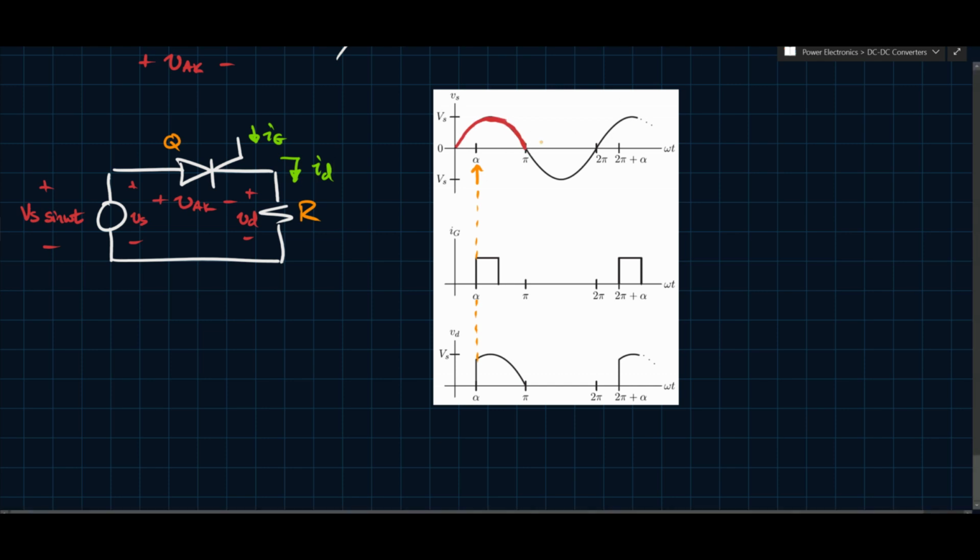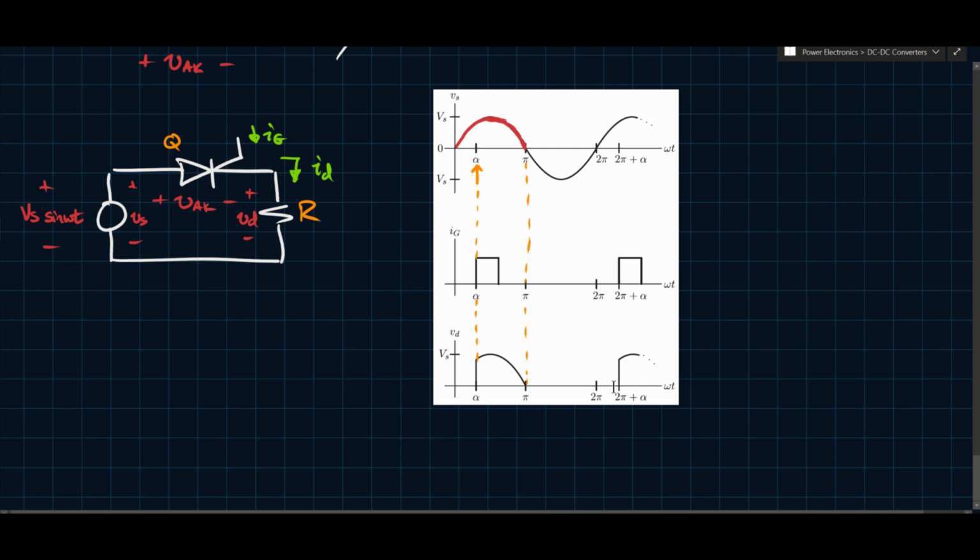And so when this crosses 0 at pi, this voltage will also go to 0, and it will not become non-zero after that. It will remain 0 for the rest of the period, because once this current reaches 0, this SCR will turn off, and you'll have a 0 voltage at the output for the remainder of that period.